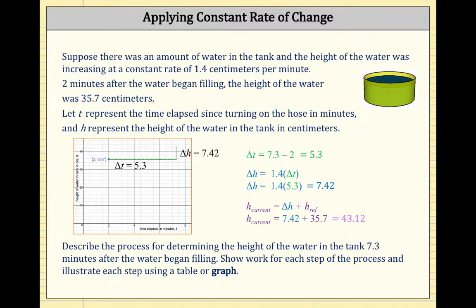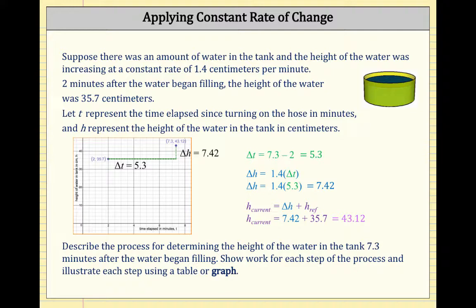We know that our change in height is 7.42, and that's a result of first taking 1.4 times that change in time, and that comes out to 1.4 times 5.3, which is 7.42. And then after that, if you increase 5.3 minutes from 2, you're at 7.3 minutes, which is that first coordinate of 7.3.